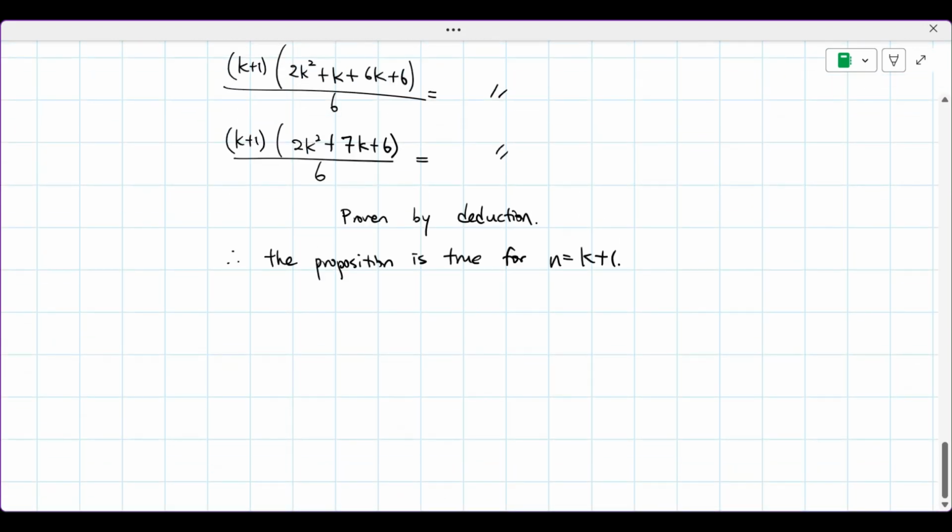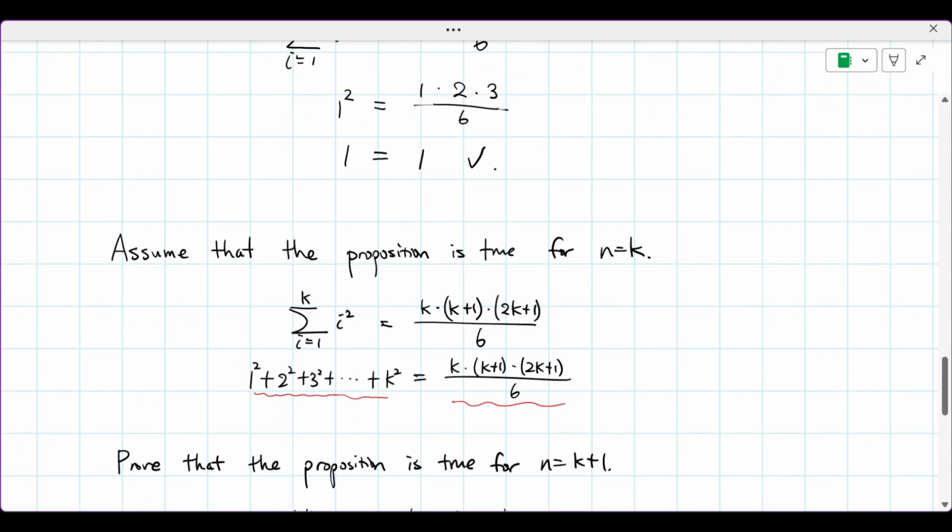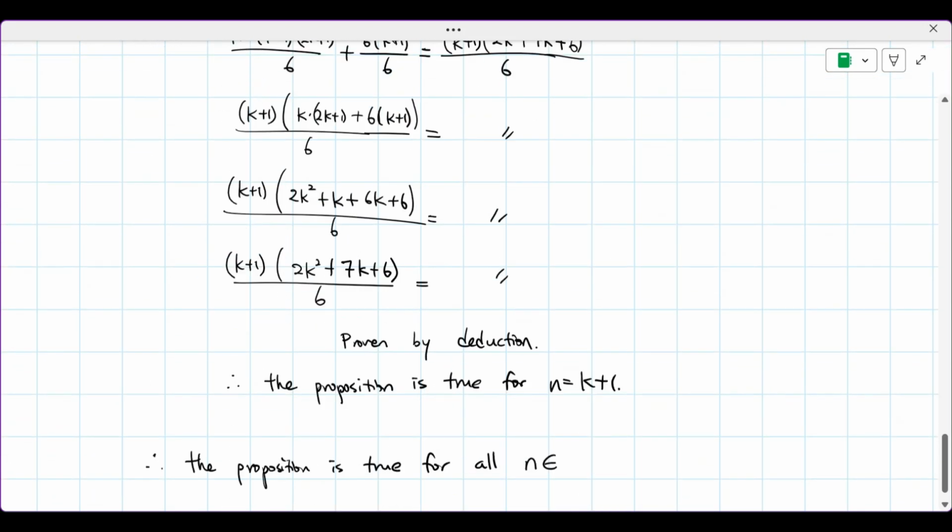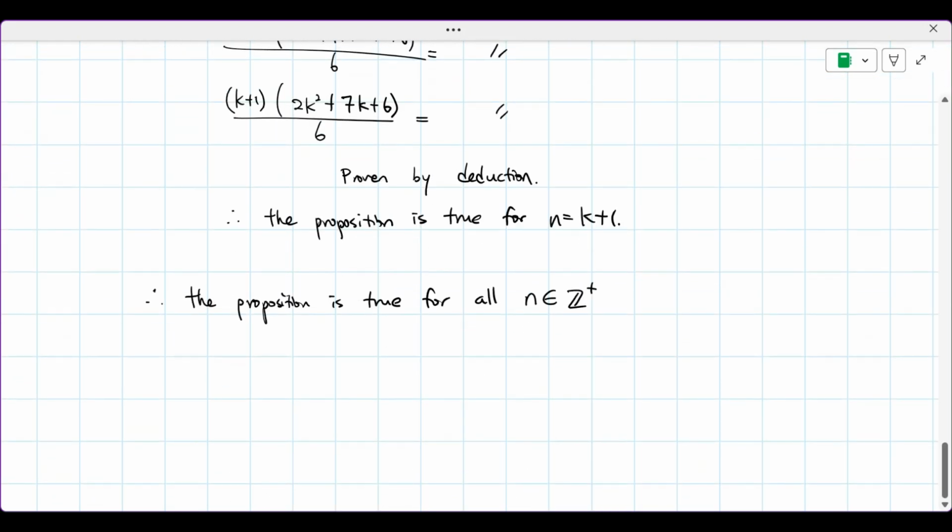And because we've done all 3 parts, we can definitely say that the proposition is true for all n that is a positive integer, or all positive integers n. And how is it done? It's proven by mathematical induction.